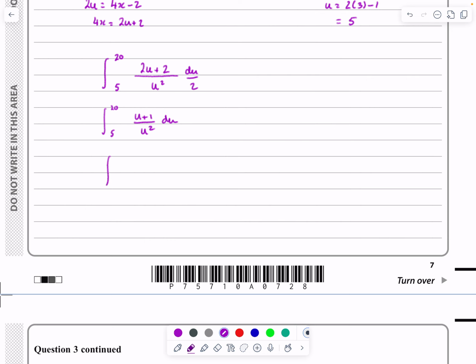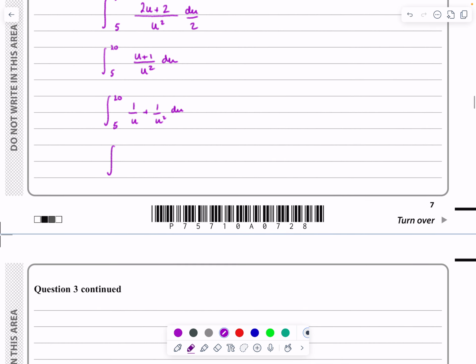Again, as many stages as you want to do with this, as long as we're getting the right answer. That's the integral of 1 over u plus 1 over u squared, isn't it? Which in other words is u to the minus 1 plus u to the minus 2 du.